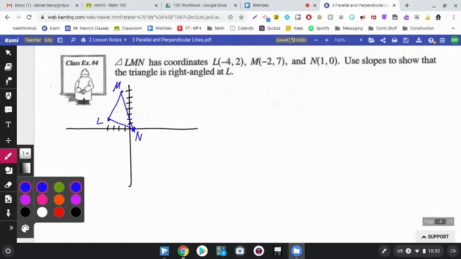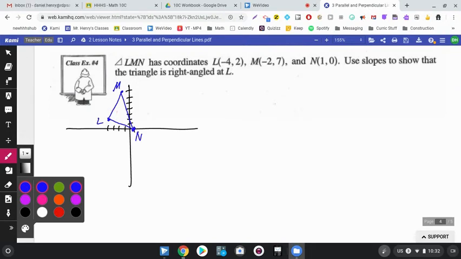So I kind of have 3 lines or 3 slopes that I'd be looking at. And it says use those slopes to show that the triangle is right angled at L. So this gives me a huge gift. It's saying at L, this point right here, I want to know if this is right angled. A harder question would be, hey, here are 3 points.